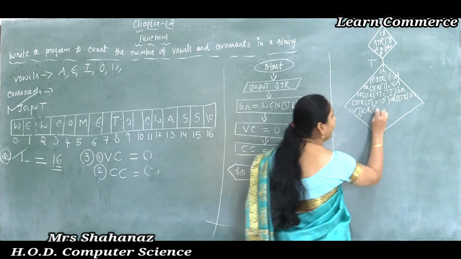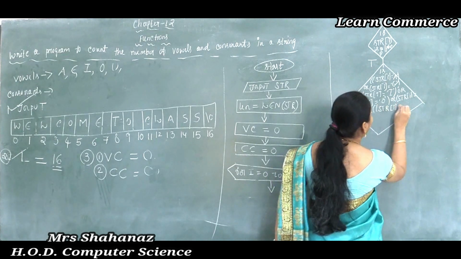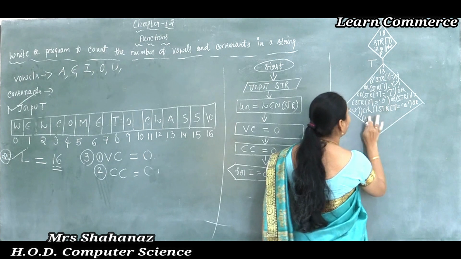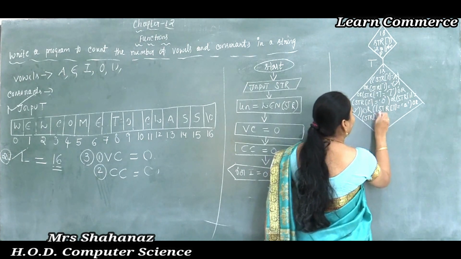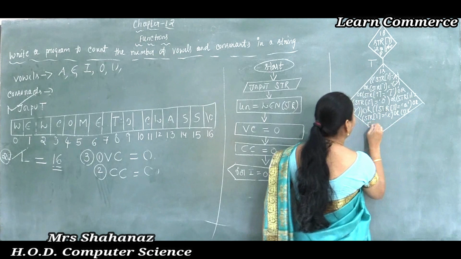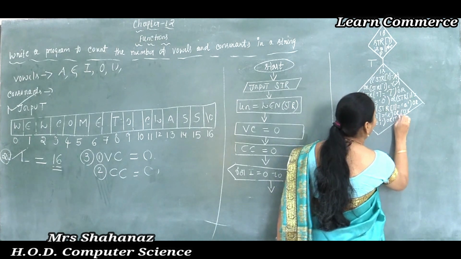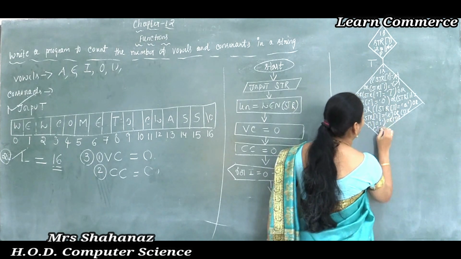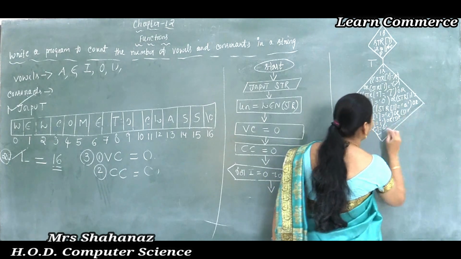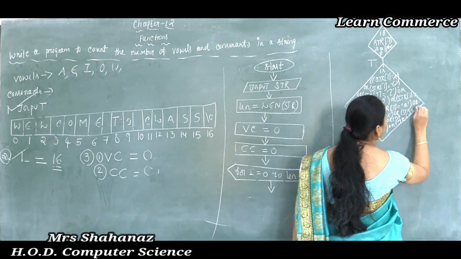So we need to write again: or str of I is equal to small letter a, or str of I is equal to small letter e, or str of I is equal to small letter i, or str of I is equal to small letter o, or str of I is equal to small letter u.